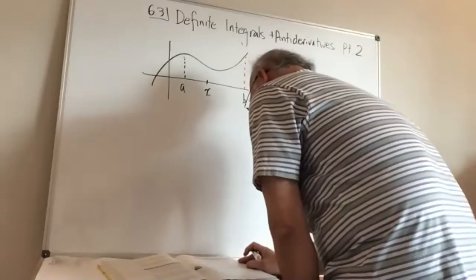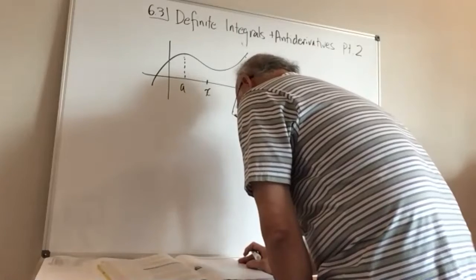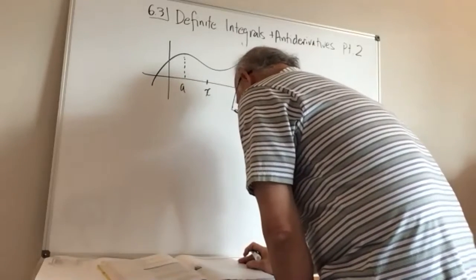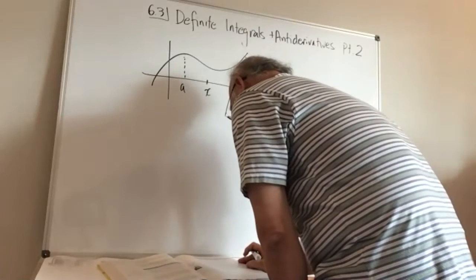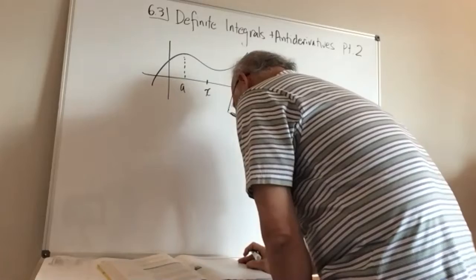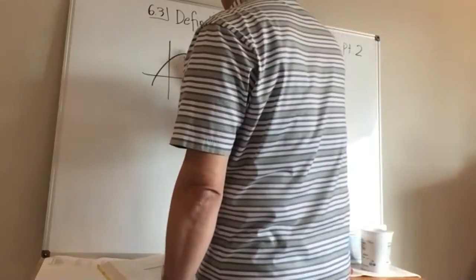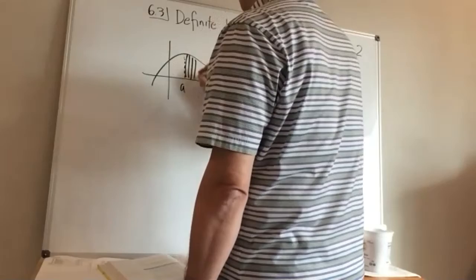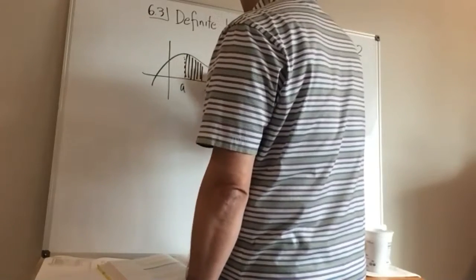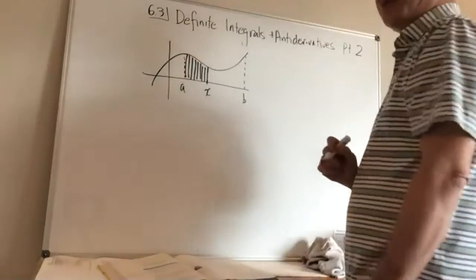Number 2, using only vertical line segments, shade in the region between the graph of f and the x-axis from A to X. So we're going to shade it in with vertical lines like this, and we're going to shade it until I get to X. Okay, you guys do the same thing.